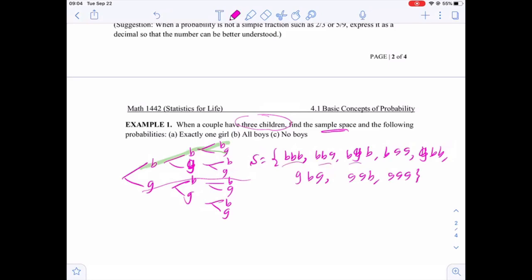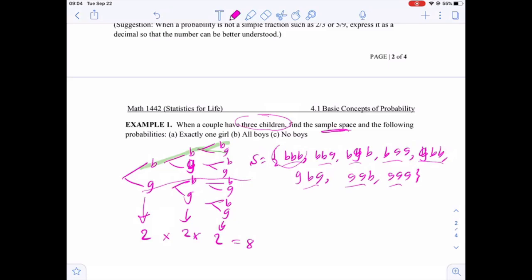How many outcomes? We have 1 2 3 4 5 6 7 8. There is another way to do that. How many outcomes for the first choice? It's 2 outcomes. Here, how many outcomes? 2 outcomes, because they are only boy or girl. Here, 2 outcomes. Now multiply them, you get 8. So we have 8 outcomes in the sample space. That's the number of elements in the sample space.